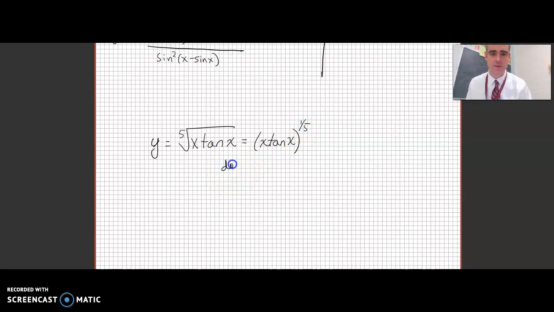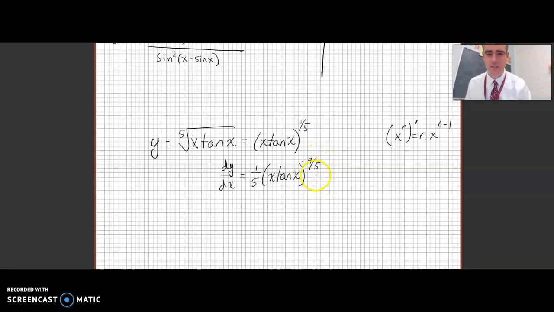Now when I take the derivative, this time I'm going to write it as dy dx, just to keep you honest. I'm going to take that 1/5 out in front, and this is going to be x tan x to the 1/5 minus 1, which is -4/5. So remember, that's just me using the basic power rule, n times x to the n minus 1.